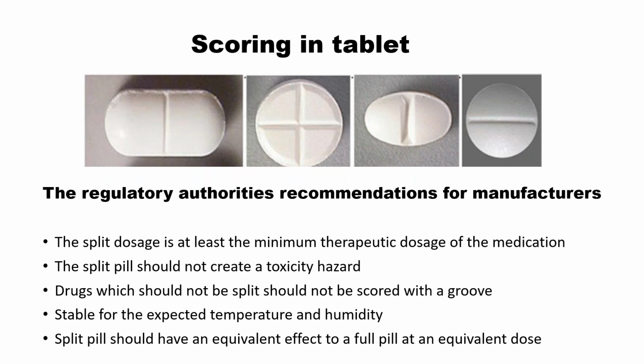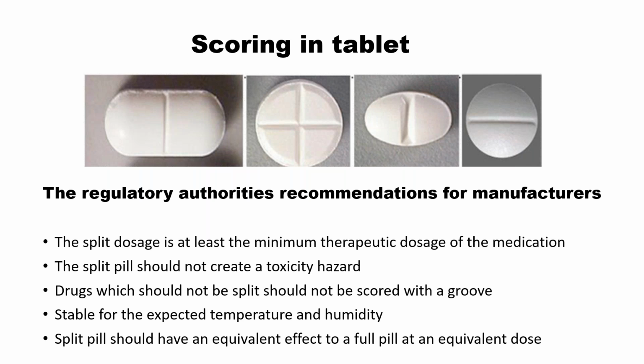Drugs which could not be split should not be scored with a groove. They are stable for the expected temperature and humidity. The split pill should have an equivalent effect to that of the full tablet or the part of the tablet at an equivalent dose. So as such, the drug authorities also have these recommendations.